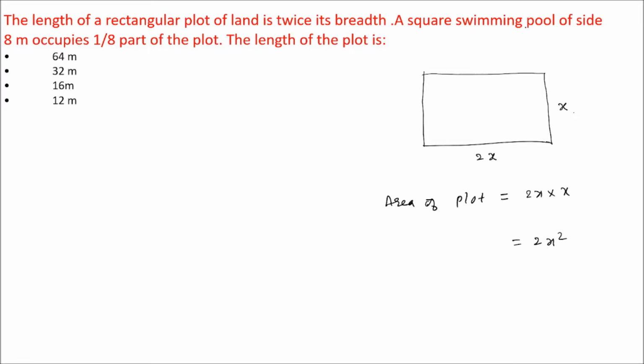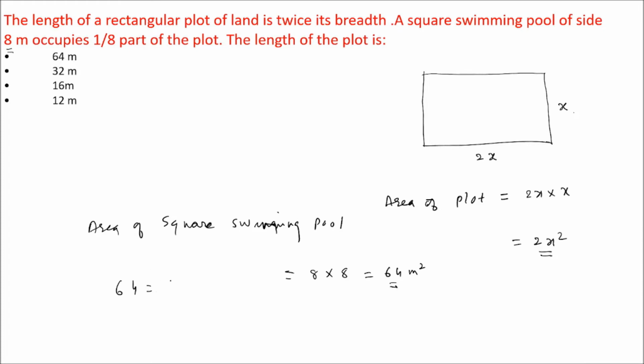The square swimming pool of side 8 meters, so its area will be 8 into 8, 64 meters square. What is the relation here? This area is 1/8 of the area of the plot. That means 64 is 1/8 of 2x square.